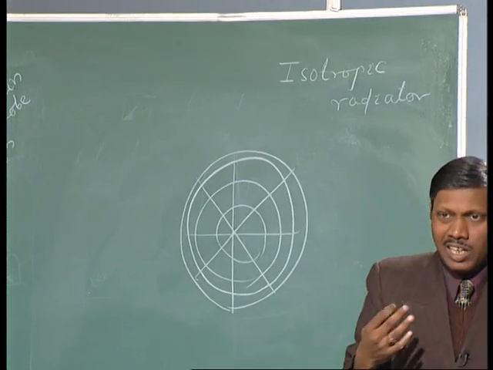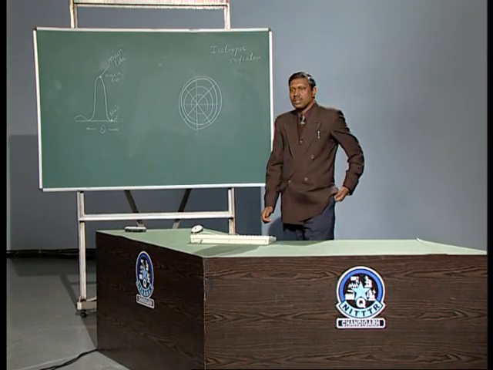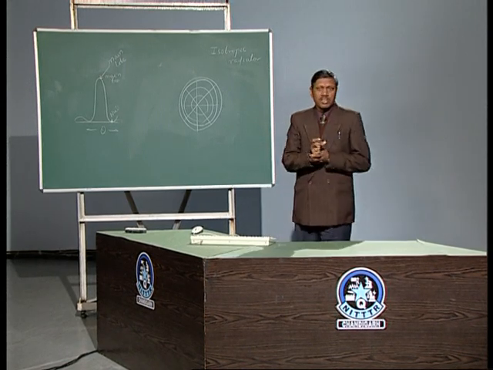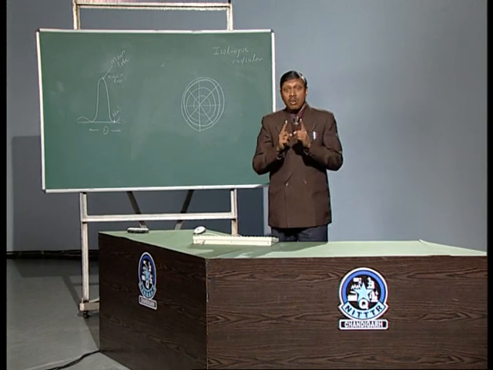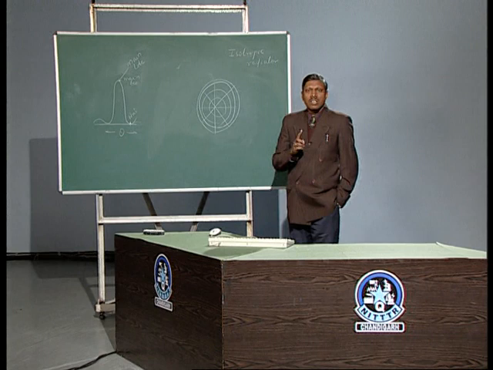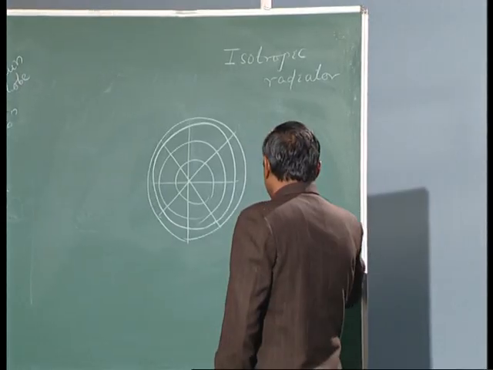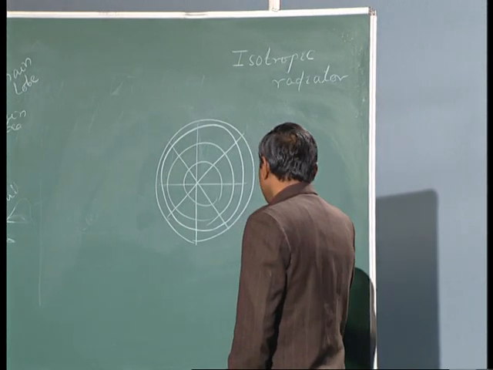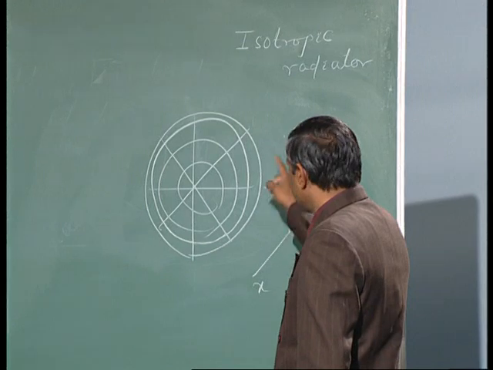When we talk about the isotropic radiation pattern or the isotropic radiator, then we look for those types of radiators which give uniform radiation in all the planes. For example, if it is a rectangular Cartesian coordinate system which is considered, then we will have the xy plane, the yz plane, and the xz plane.